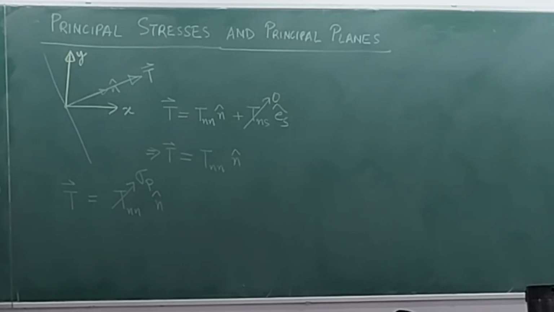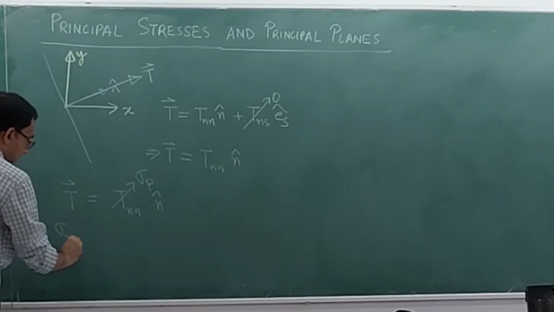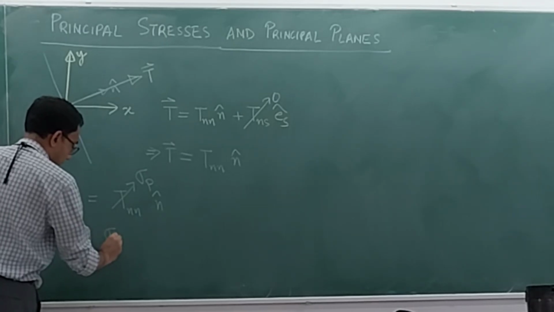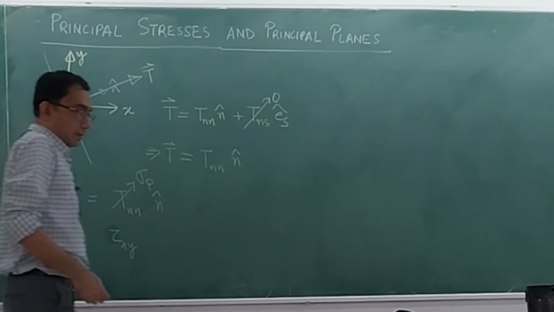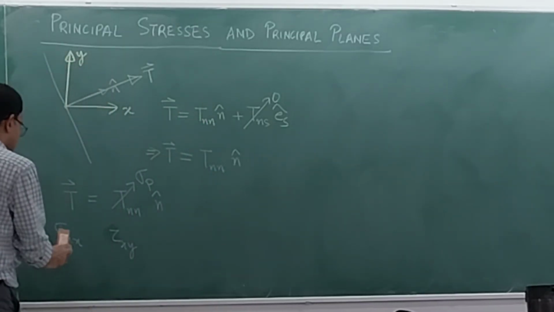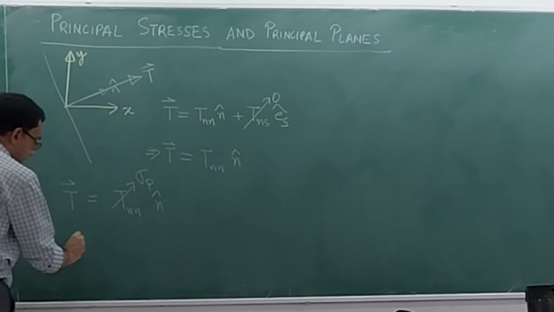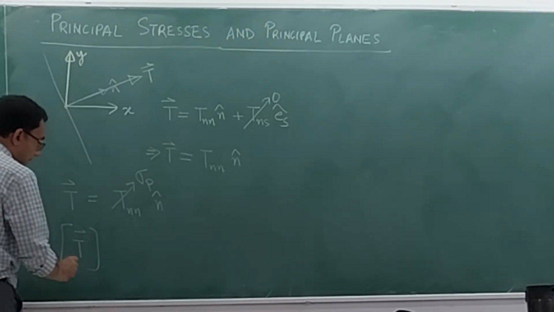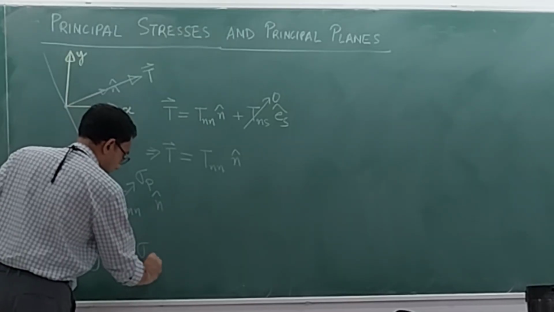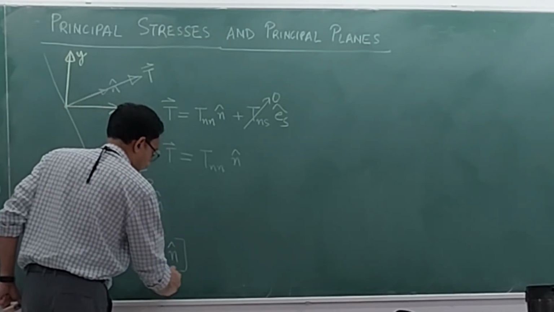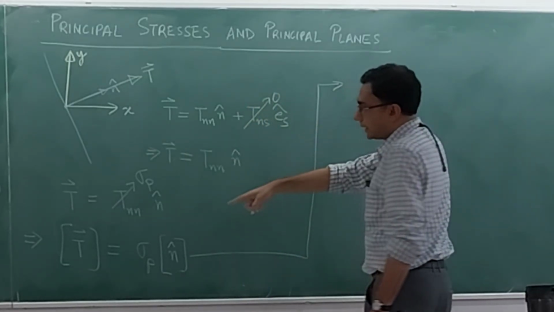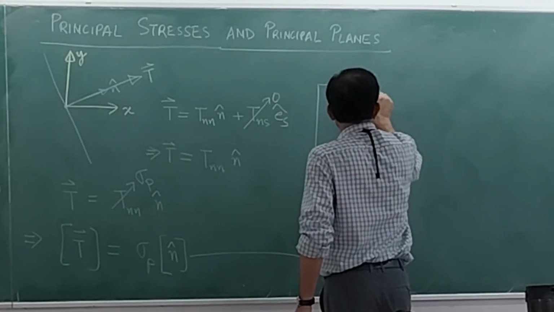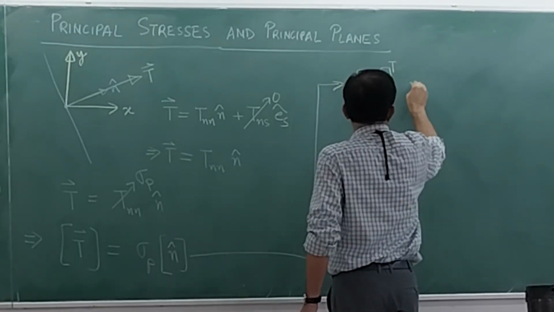But what is this traction vector? Is it not something like this? Sigma xx... I'll write it a little bit carefully. First, the matrix representation. So T is sigma transpose n.